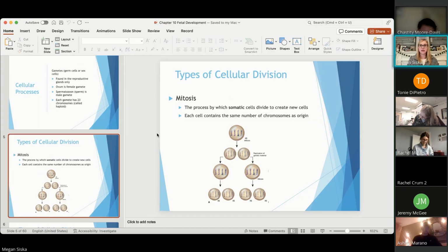So you have your initial cell at the top with the 46 chromosomes. When it divides into two more cells, those cells each have another 46 chromosomes. Not every single cell is exactly the same, but they're very similar and have the same number of chromosomes as they divide.